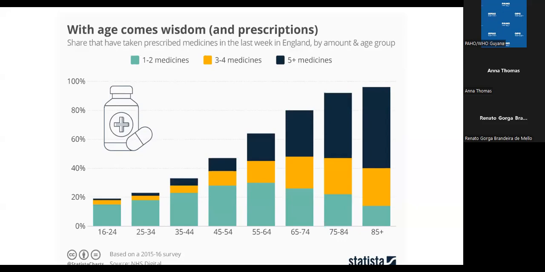Several medications are needed and must be prescribed. However, we have to consider this huge number of medications as a potential problem, and we have to take a careful look at this.